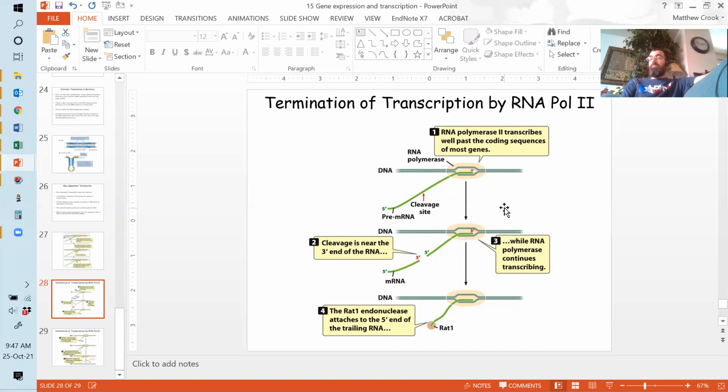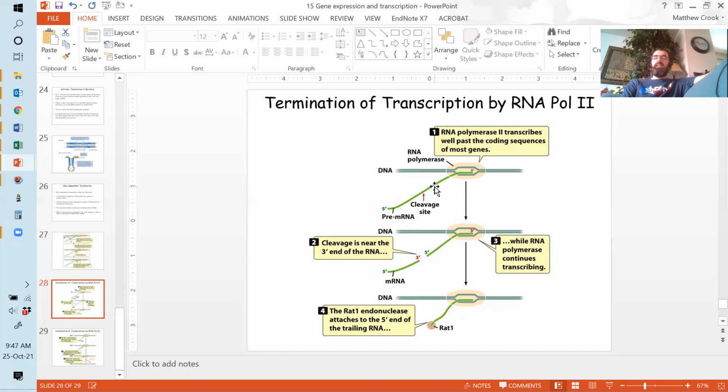So anyway, the RNA polymerase just keeps going on its merry way, essentially, way past the end of the coding sequence. But in doing so, it transcribes what's called a cleavage site.